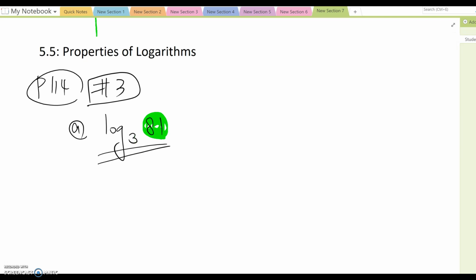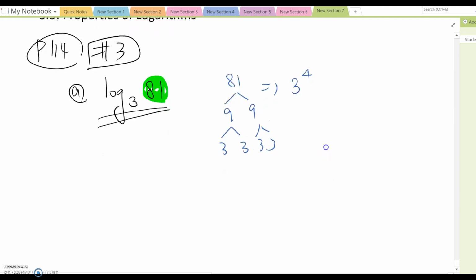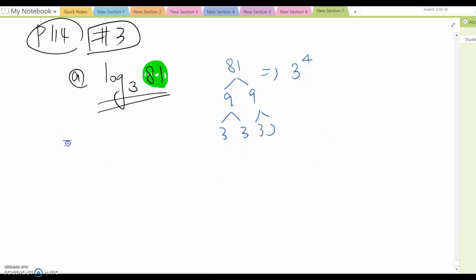So 81 is 9 times 9, and then 3 times 3 and 3 times 3, which means 3 to the 4th power. Right? Okay. So we temporarily write log base 3 of 3 to the 4th power equal to x here.